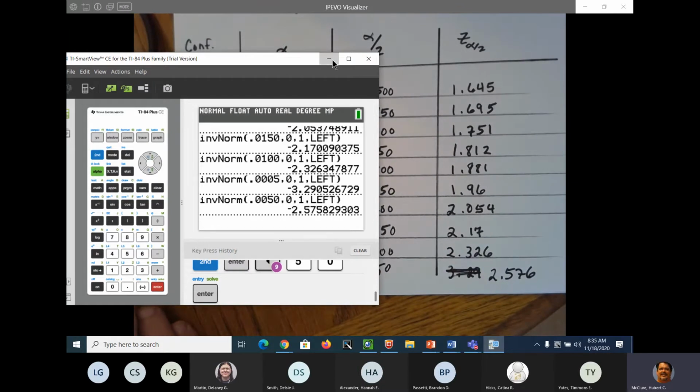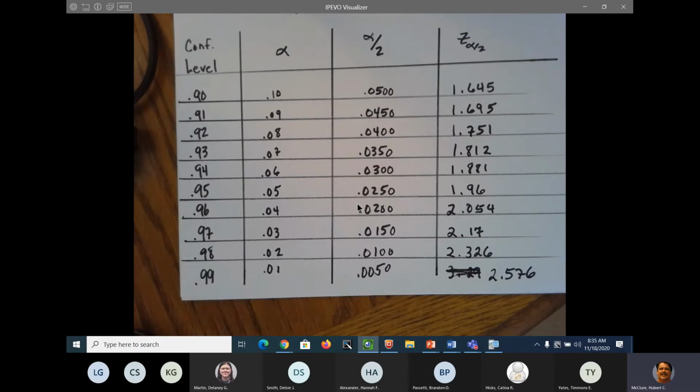Now, I could have started this index card at any number. Why did I start at 90% and why did I end at 99? Why didn't I go to 100? Can anybody answer those two questions?